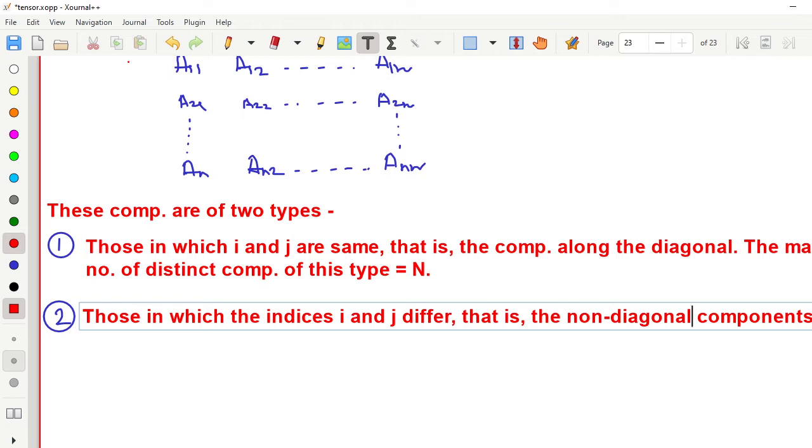Hence, the maximum number of such components. এরকম কতগুলো থাকতে পারে, নন ডায়াগোনালে কতগুলো কম্পোনেন্ট থাকবে.